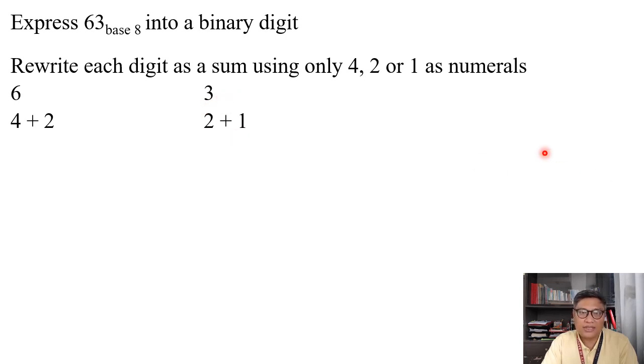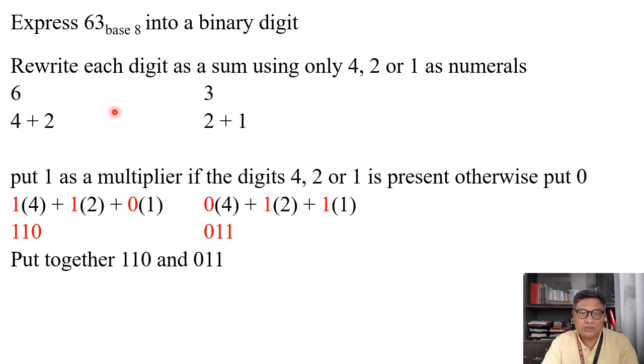Then once we rewrite this in the digits of 4, 2, and 1, then we put 1 as a multiplier if the digits 4, 2, or 1 is present. Otherwise, we put 0. So here, we have to write now 4, 2, and 1 as a complete. Then, because 6 is represented by 4 plus 2 only, only the 4 and the 2 will be having a 1 as a multiplier.